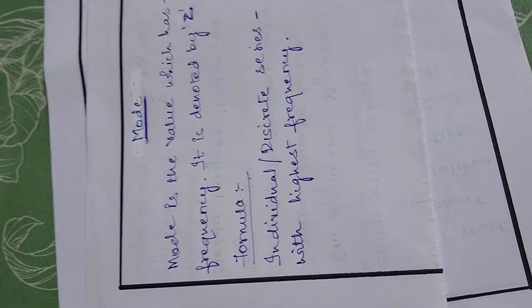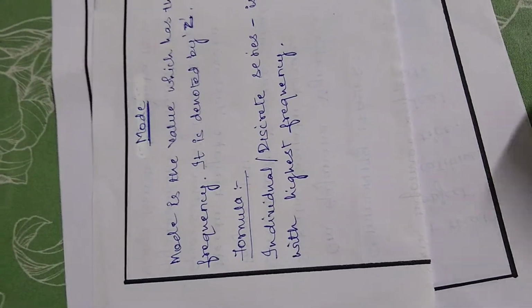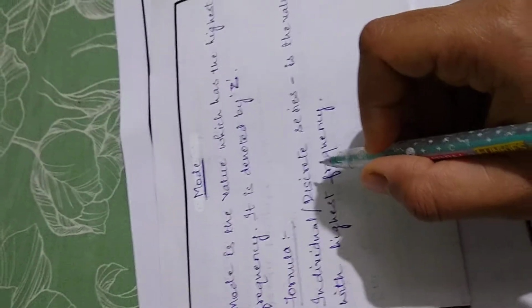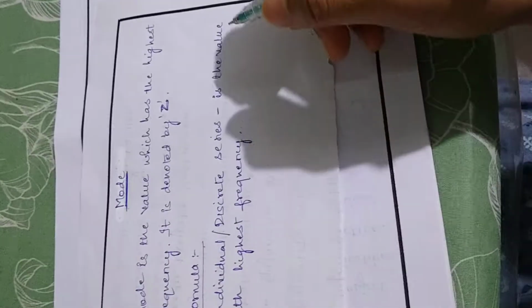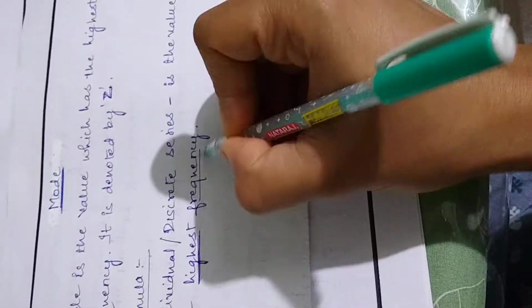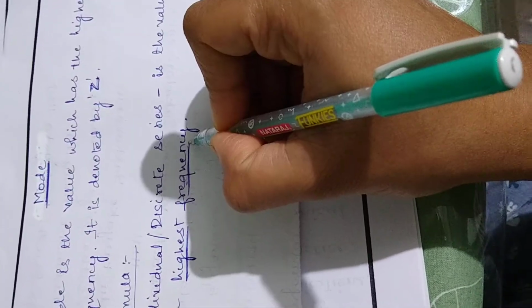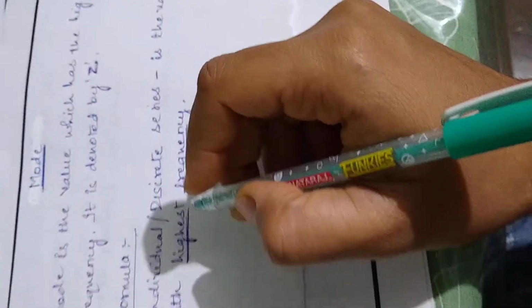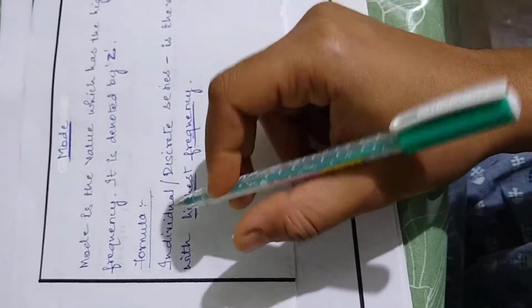Full stop. Okay, so for individual series and discrete series, you will select the highest frequency. In the frequency column, you have to select the highest number. That is the individual and discrete series formula.